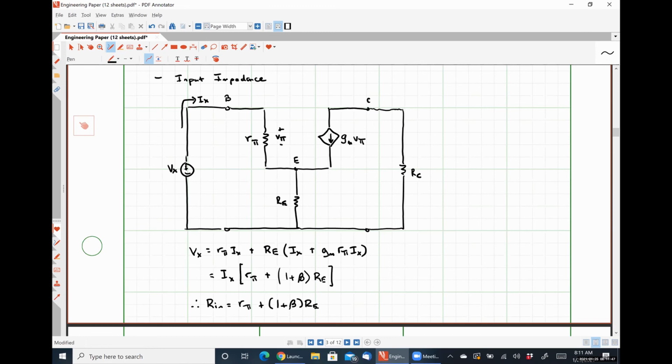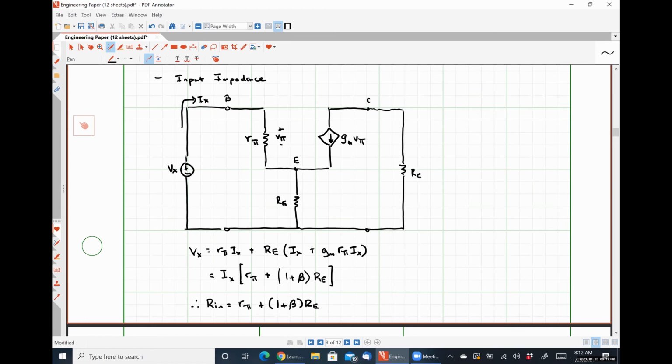But 1 plus beta means that we're multiplying RE by a factor of potentially close to 100, right? So if we have a 200 ohm resistor, that becomes a 20K ohm increase in our input resistance. That's fairly appreciable, right? It's large in comparison to typical values of R pi.